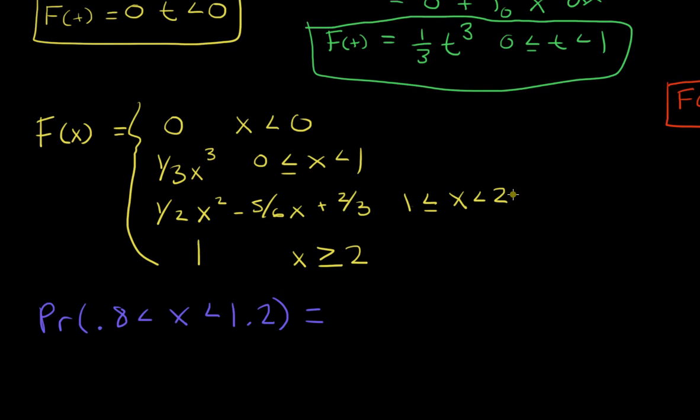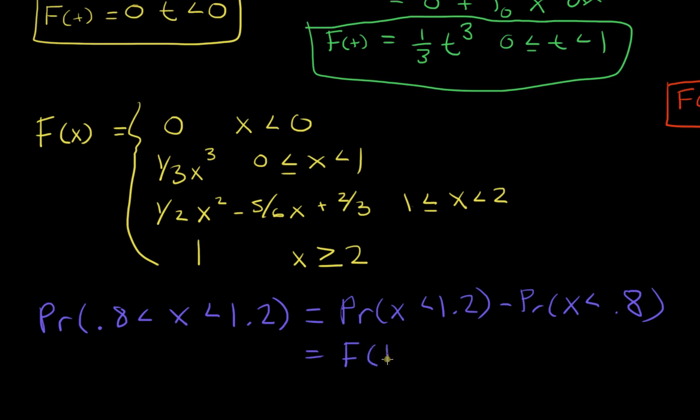So what I want to realize is that this probability is the same thing as the probability that x is less than 1.2 minus the probability that x is less than 0.8. The probability x is less than 1.2 is exactly, by definition, what F of 1.2 is. And this is, by definition, what F of 0.8 is. So F of 1.2, let's think about this.